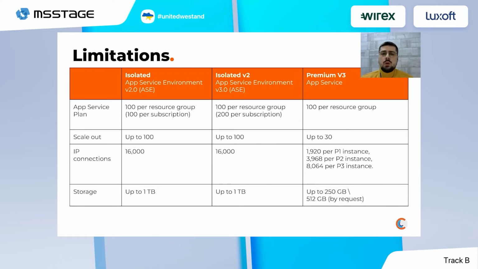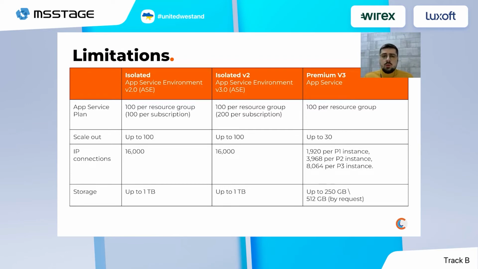Also, one of the non-public limitations relates to the ability of your application to serve high RPS, its amount of IP connections. ASE v2 and v3 are covered by 16,000 connections, and Premium v3, based on the instance size, handles only up to 8,000, on the biggest instance size.